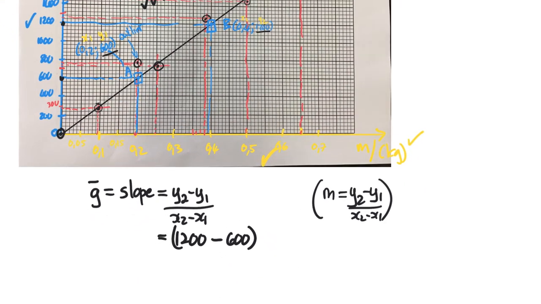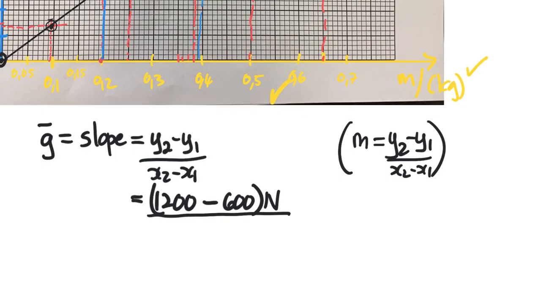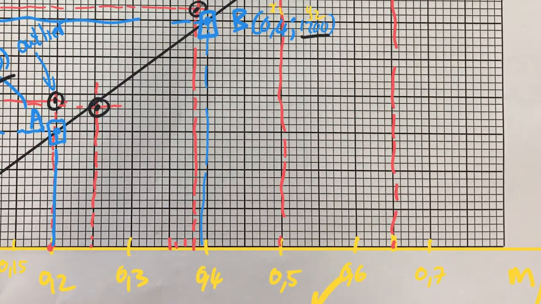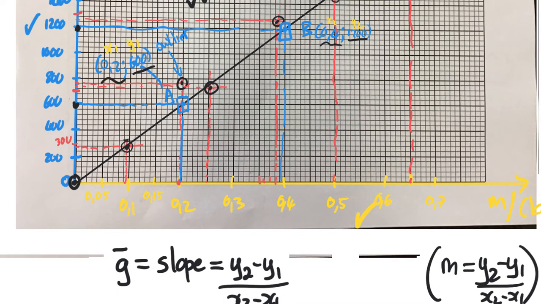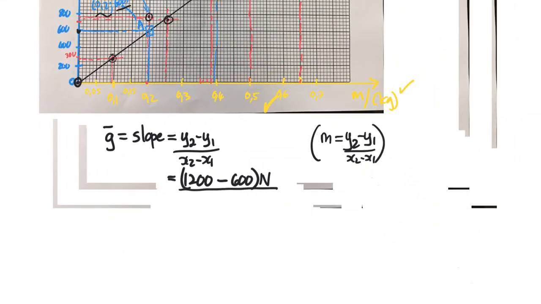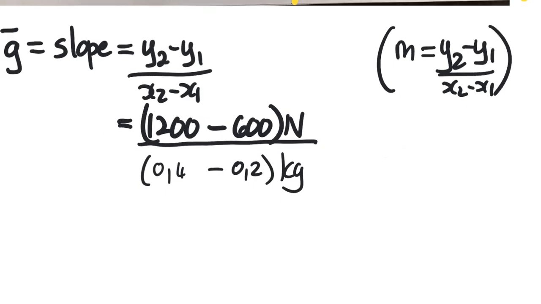So the unit for 1,200 and 600 is newtons. And then the x values, which in actual fact are mass values, are 0.4 for x2 and 0.2 for x1. So it's 0.4 minus 0.2, and remember the kilograms. Now if you had left this as 400 and 200 grams, here is where you would have had to do a conversion. But we've already done the conversion.